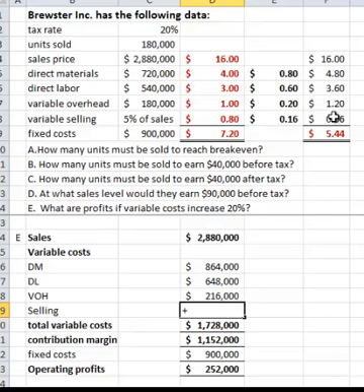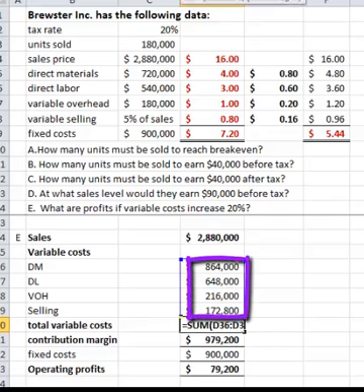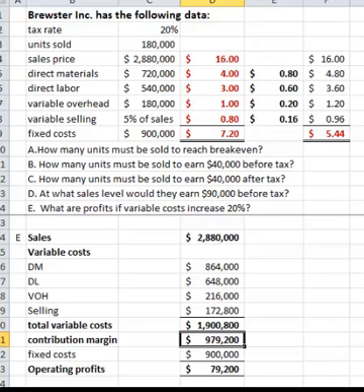And last but not least, the higher variable selling. So that's the total there of all the variable costs added up, and our contribution margin would be sales minus our total variable cost, and then subtract out your fixed costs. So that is your operating profit after the 20% increase in your variable cost.